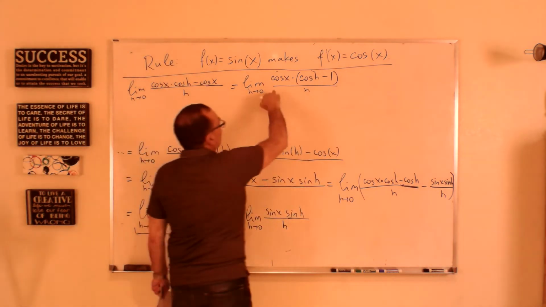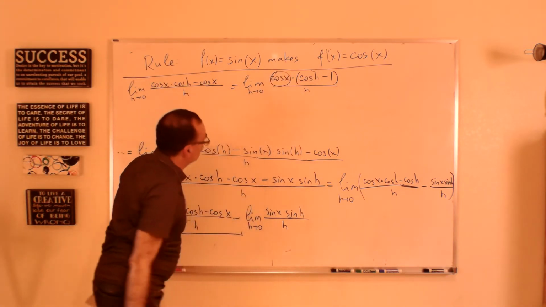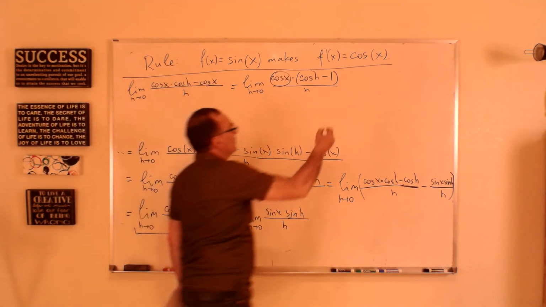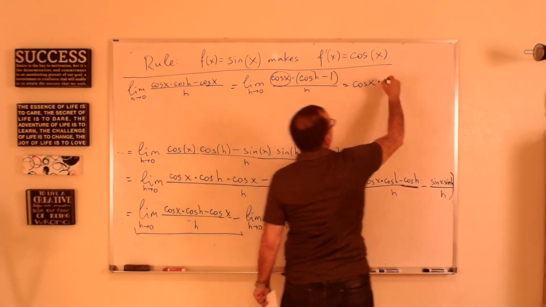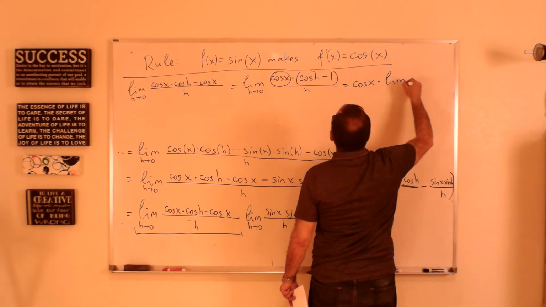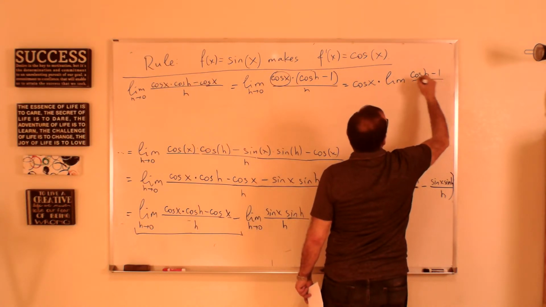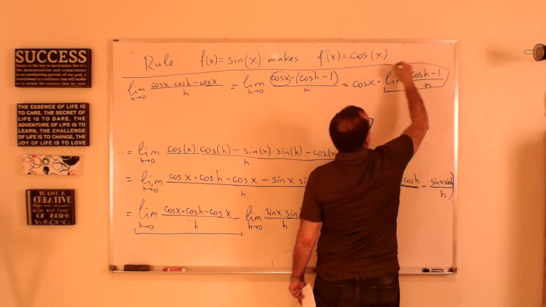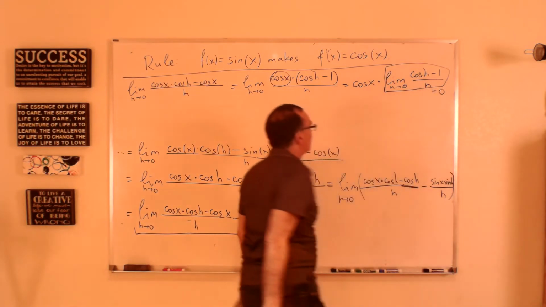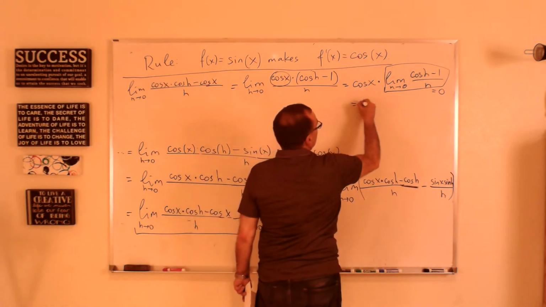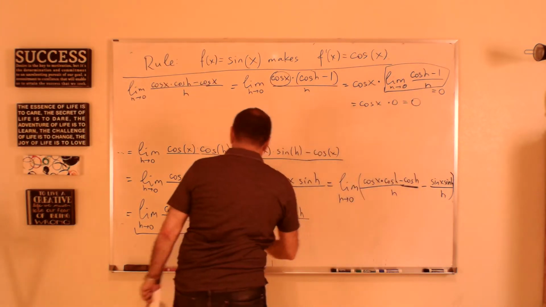Now, it will be again the limit of this portion and the limit of this portion, but this portion is a constant, it has no h in it, so the limit of this portion is the same, so it's cosine x times, and then we still need to do the limit of cosine h minus 1 over h. And again, this limit can be calculated numerically. As h approaches 0, this limit actually equals 0. So altogether we get cosine x times 0, anything times 0 is 0, so the answer for this limit is just 0.